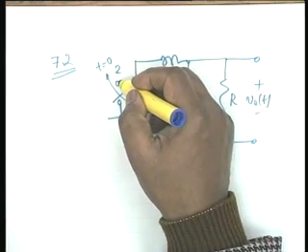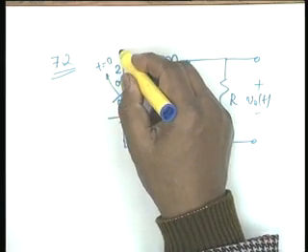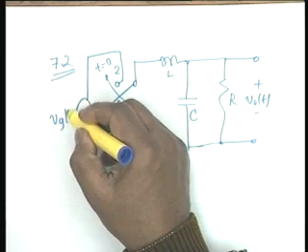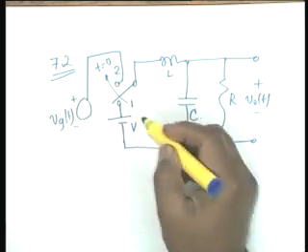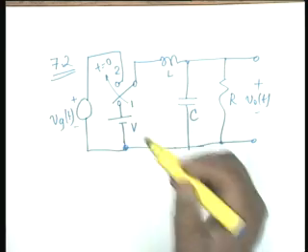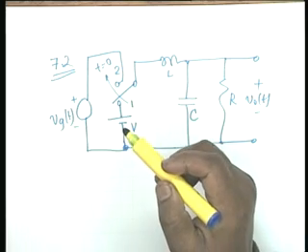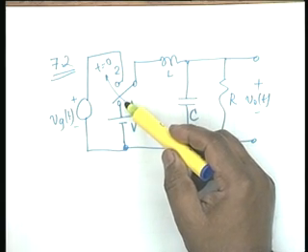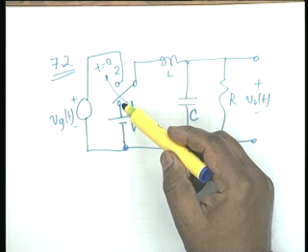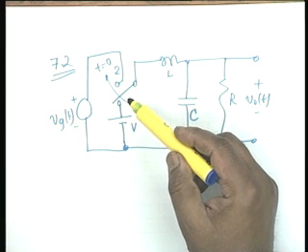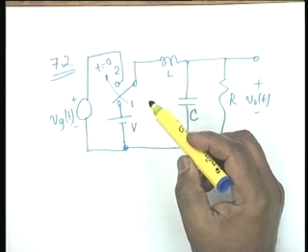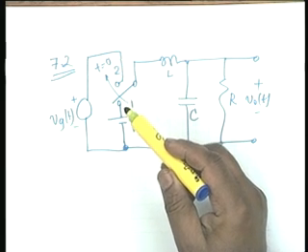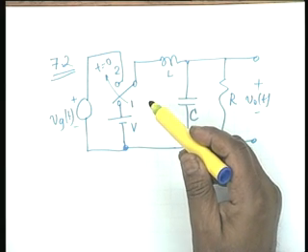and to terminal 2 is connected another source V sub g of t, plus minus, at t equal to 0. At t equal to 0 minus, the switch is in position 1, and after having been at 1 for a long time, it is switched to position 2.